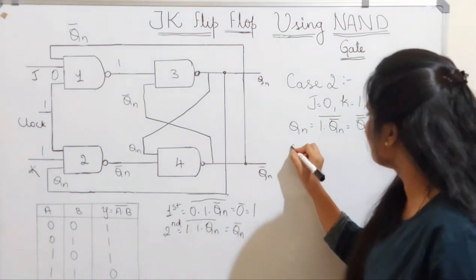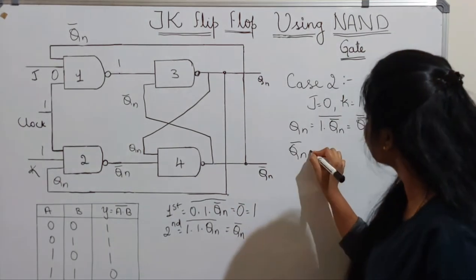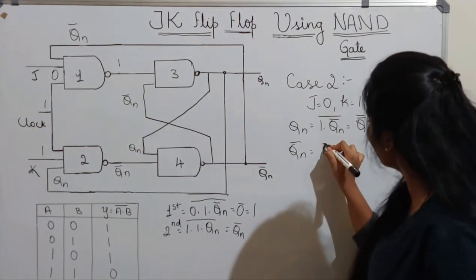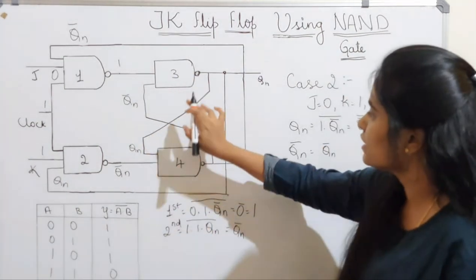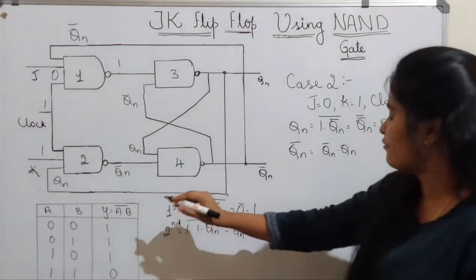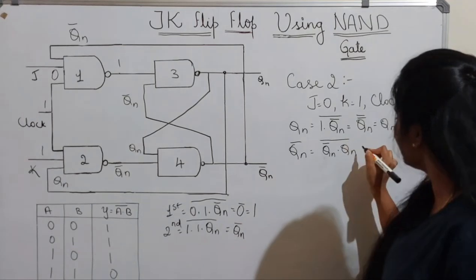Let's move on to Qn complement. The first input is Qn complement. The second input is Qn. Reference to the expression, I am complementing both the inputs.